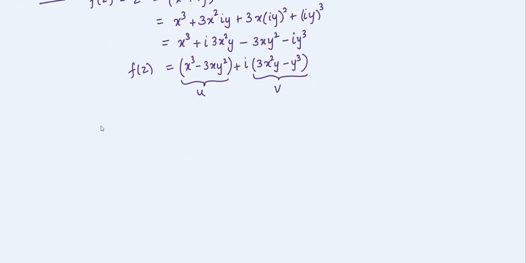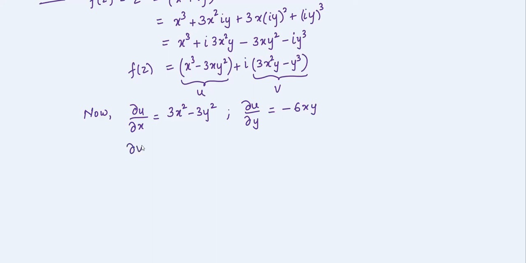Now, let's look at dou u by dou x. Dou u by dou x is 3x square minus 3y square. Now, dou u by dou y will be minus 6xy.